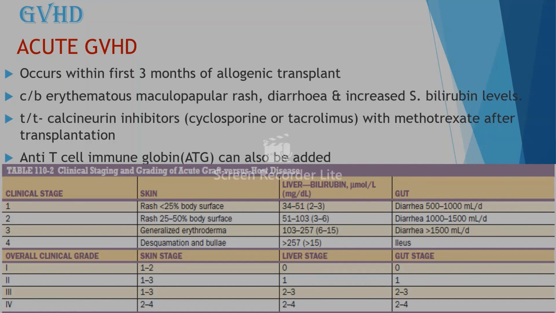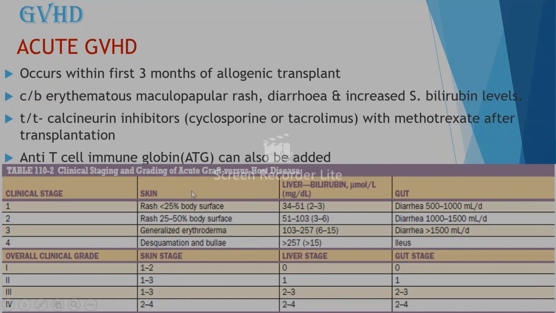Now there are 4 stages of graft versus host disease, with different degrees of involvement of skin, liver, and the GI tract. For the skin, when the rash is less than 25%, 25 to 50%, then generalized erythroderma, and then bullae formation, they are graded as 1, 2, 3, and 4 respectively.